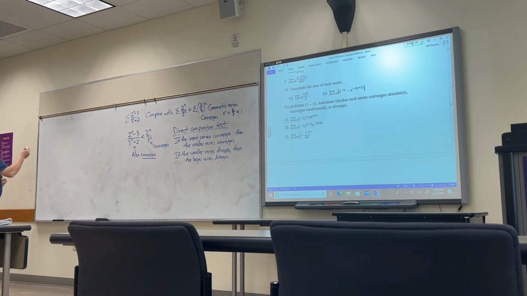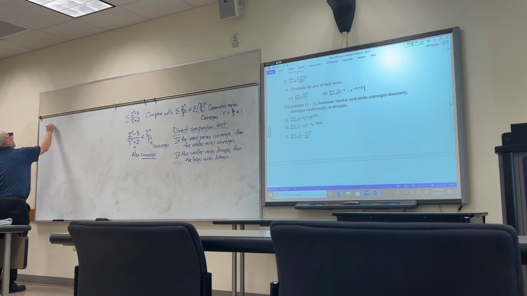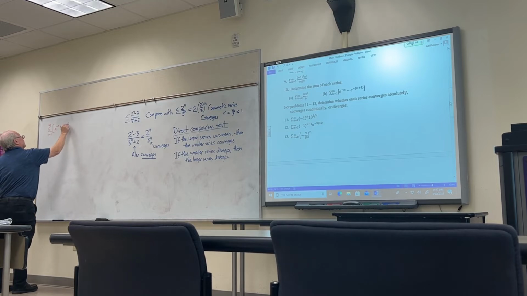So for a telescoping series, starting with n equals 1, and when you're finding the sum of a series, the starting value does matter. But the terms are e to the negative n minus e to the negative n plus 1.